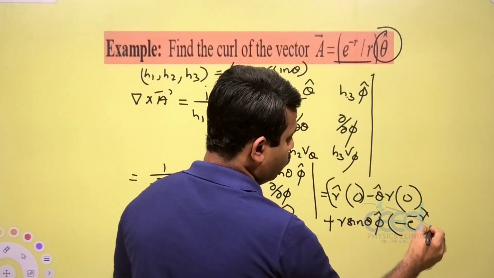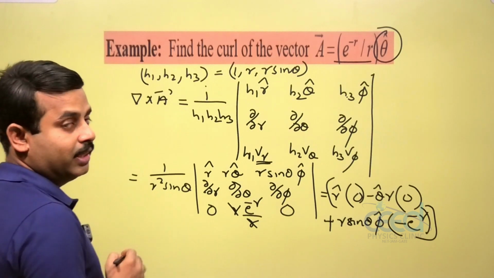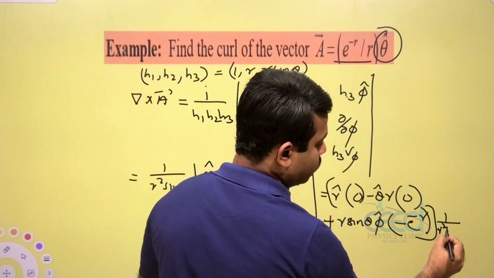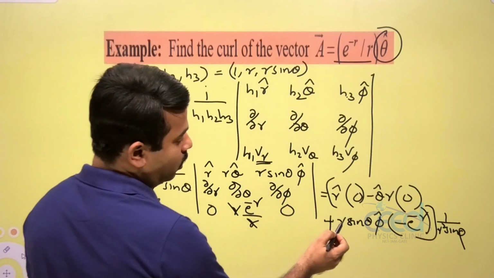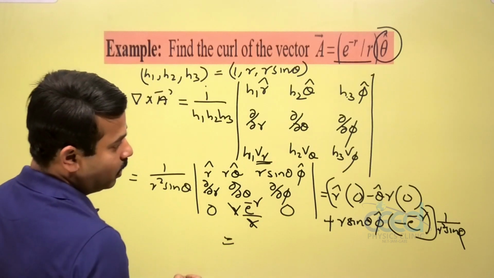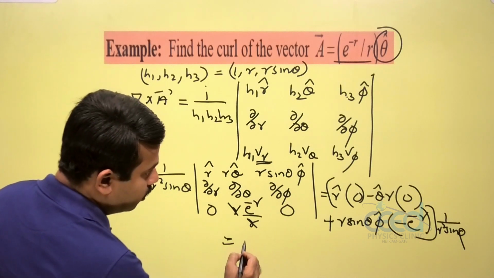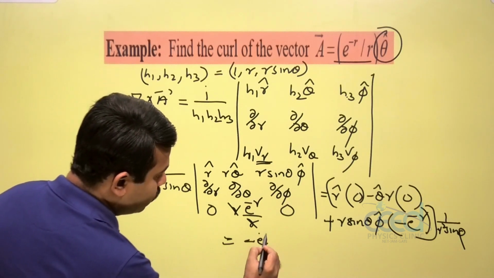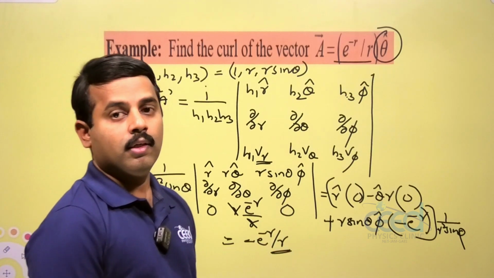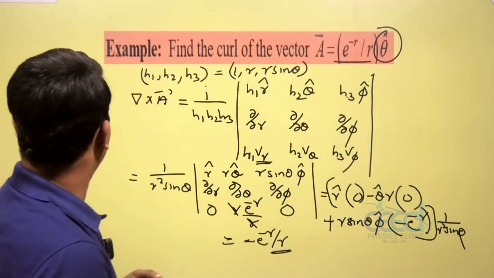Outside we have 1 by r square sin theta. The r sin theta cancels, and with r square, one r cancels, so the final answer is minus e raised to minus r by r. So this is the expression. Now let us go to another problem.